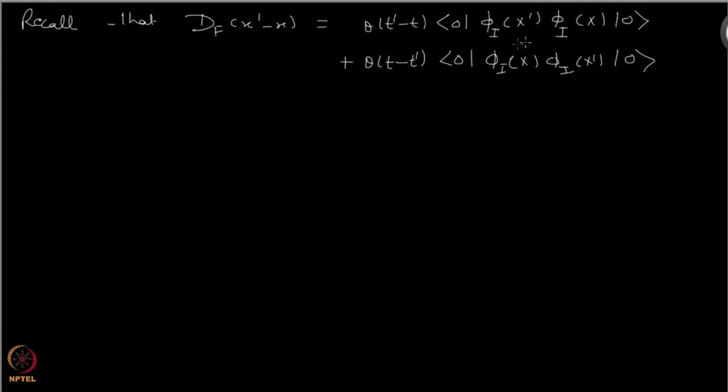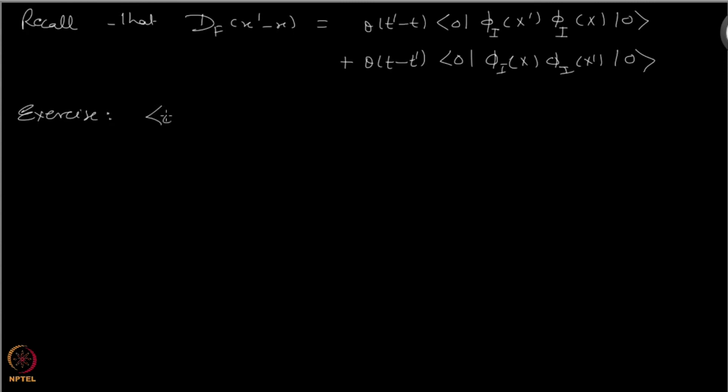Now let's look at these quantities. This is a phi plus and a phi minus. Most of it will kill the vacuum, and only one piece will survive. You can easily check that; maybe I will leave it as an exercise. It's easy, so I don't want to do it.